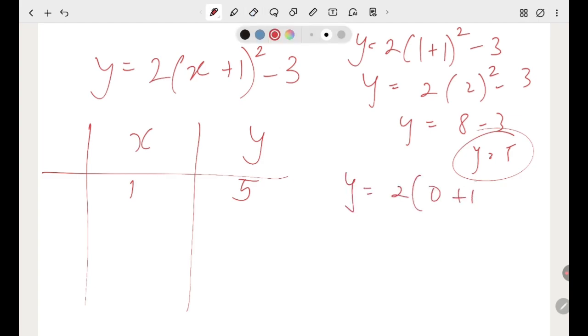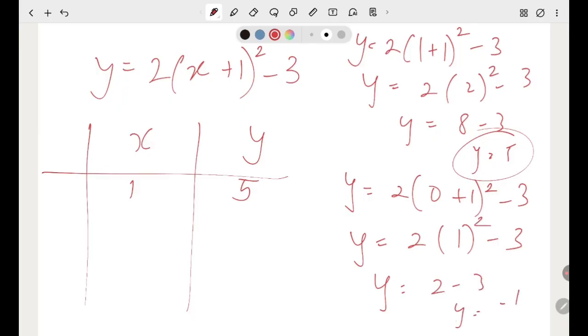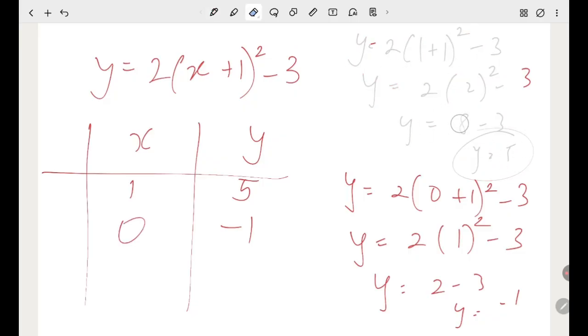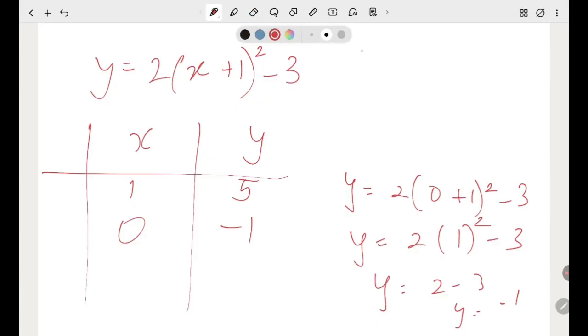Now take 0. We get -1 for y if we take x as 0. Let's make one more point. Let's take -1.